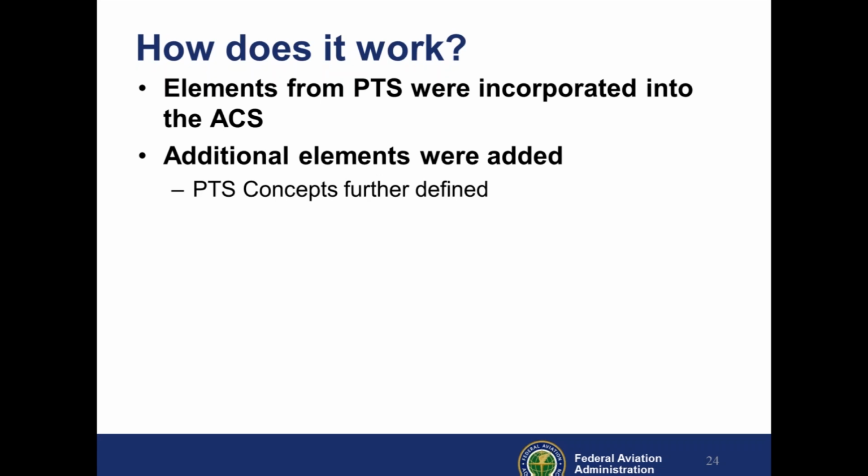When we came to the ACS, sometimes we would divide that up into individual elements. So you wouldn't have 4 concepts in a single paragraph. We'd split them up into individual sentences, for example, and each sentence would be an element. So that was one reason that the element count grew.